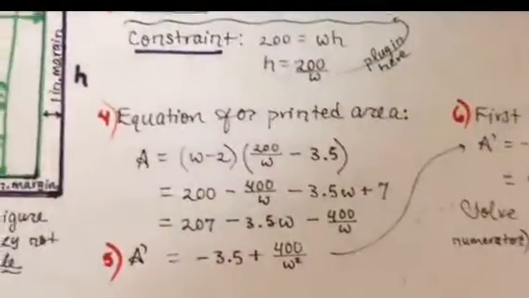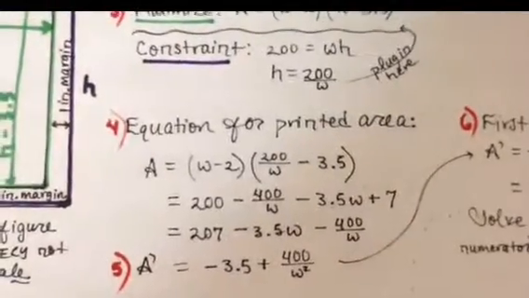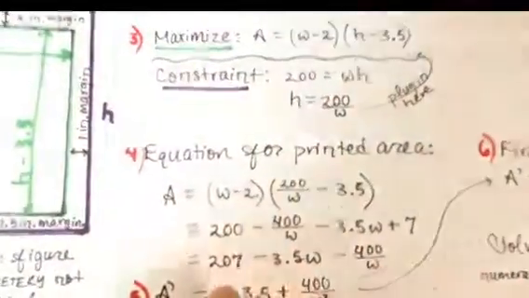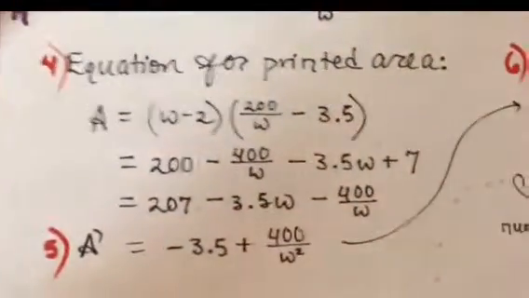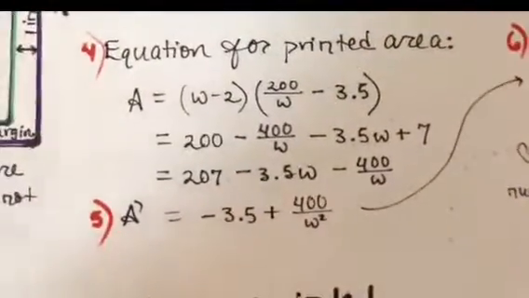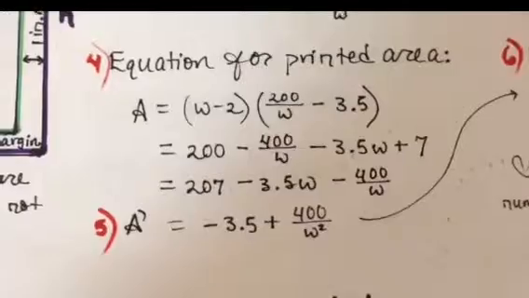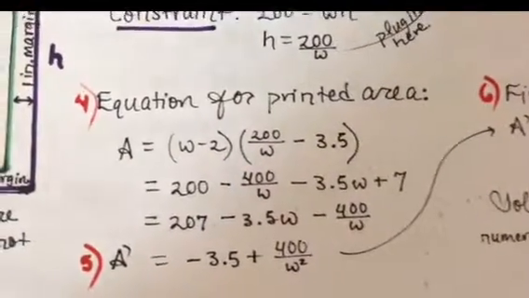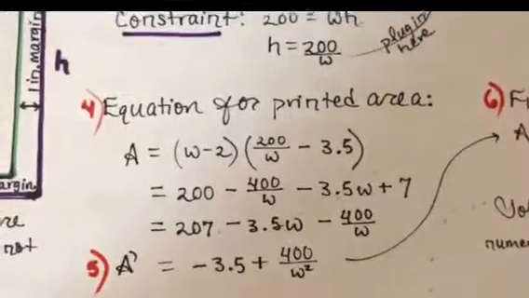And then the equation for your printed area is going to end up being area equals, when you plug everything in, the final one is going to be 207 minus 3.5 W minus 400 over W. And then once you derive, you're going to get negative 3.5 plus 400 over W squared, because you bring down the negative, and you know the rules, hopefully.